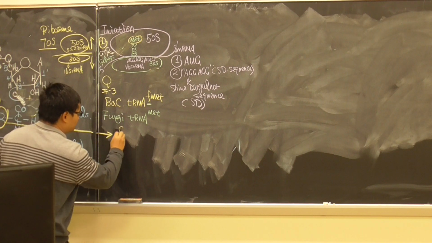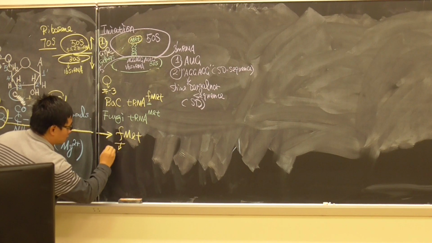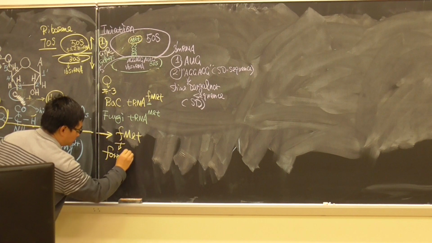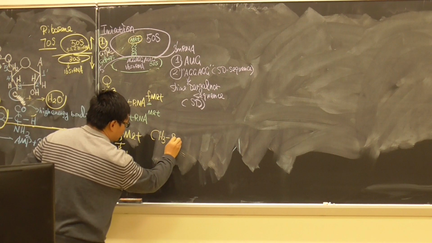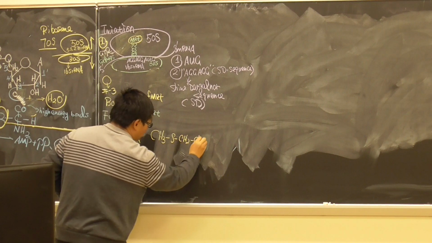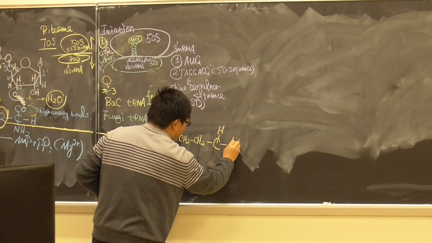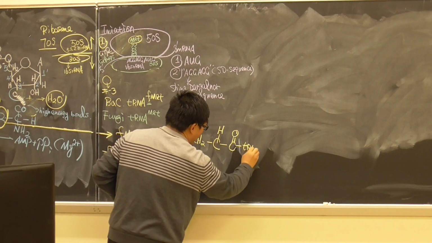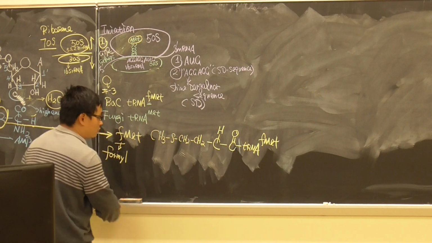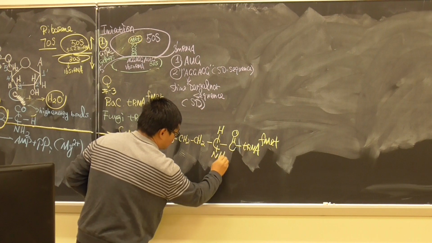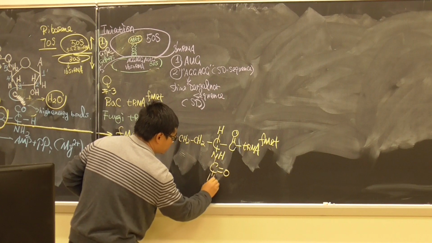What does FMET look like? This is called formyl methionine. What's that? CH3, S, CH2, CH2, go here, CH, this COO, and tRNA, FMET. Go down, NH, the amino group, go here, CH, CO, and CH.